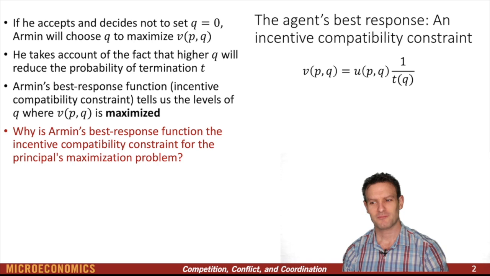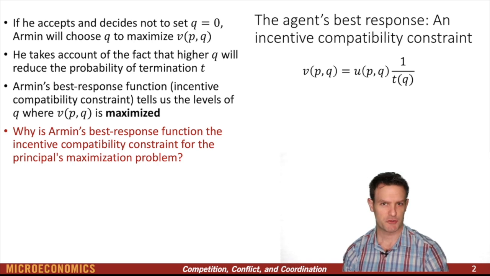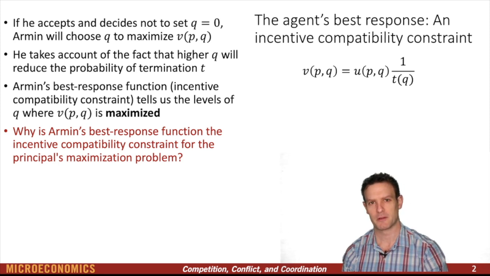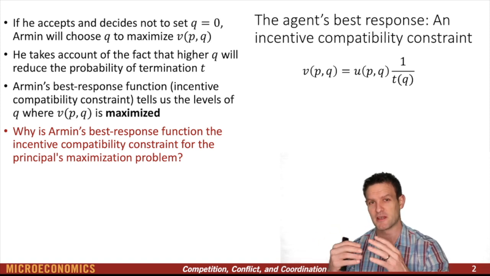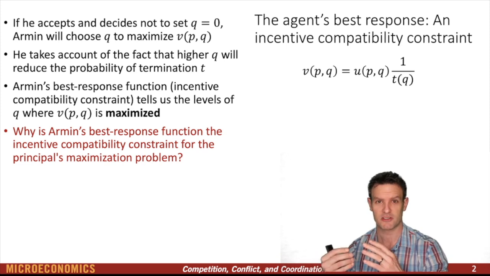So that's just to answer this question about Armin's best response function being the constraint on the principal's maximization problem. So we just said that that's what gets us the incentive compatibility constraint, right? That Armin's best response is what gives us the ICC, the incentive compatibility constraint.